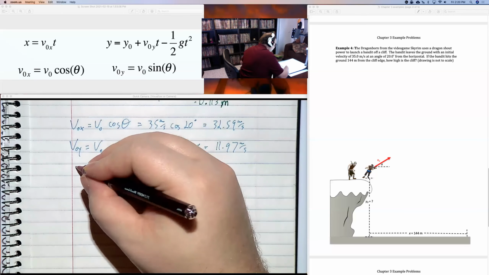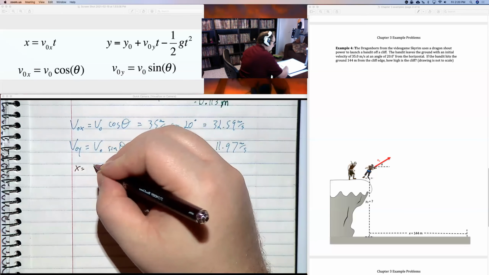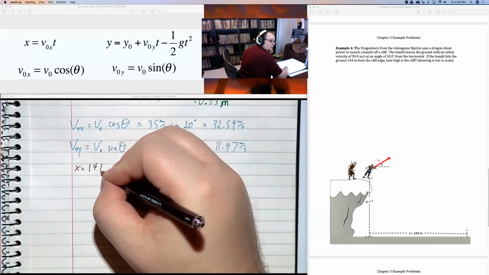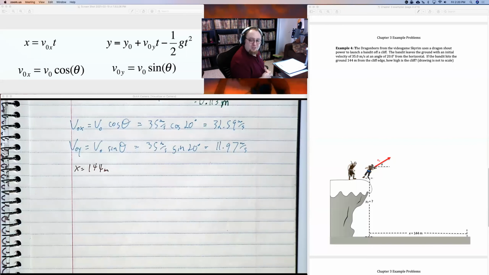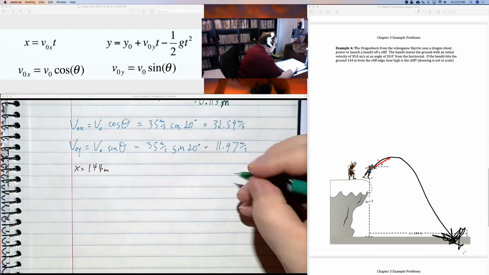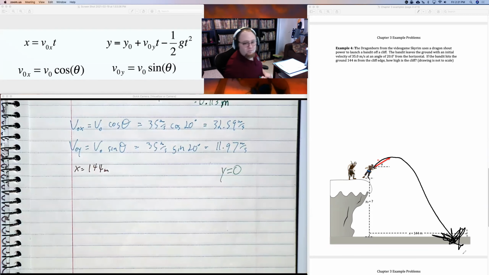So what I'm saying here is we know x. X is 144 meters. But here's the thing: I said before I like to always make the ground 0. If this person goes shooting off the cliff and then hits downhill, I know that y equals 0 when they hit the ground.